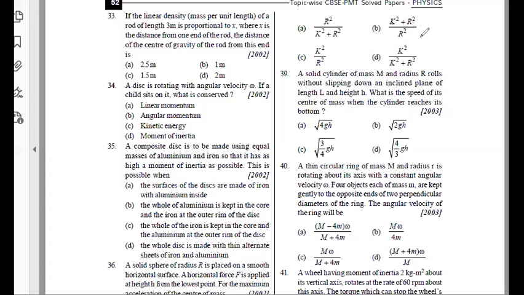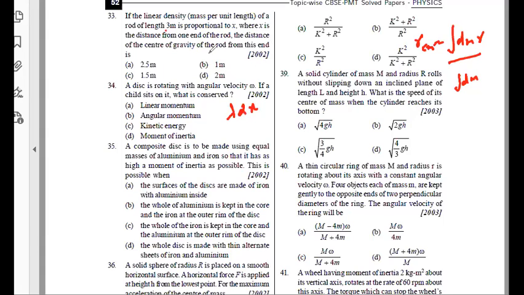Okay, right? RCM is equal to integration of x dm divided by integration of dm. Yes or no? How many of you remember this? Yes, Harsha. Answer is D. Now, here the linear mass density of length 3 m is proportional to x, means lambda is directly proportional to x.